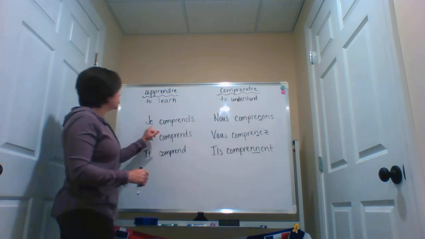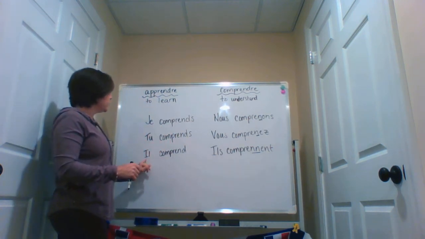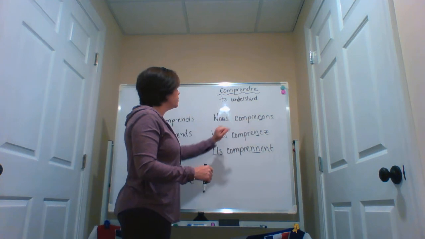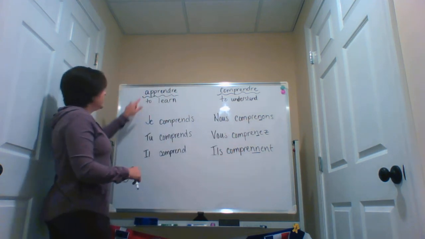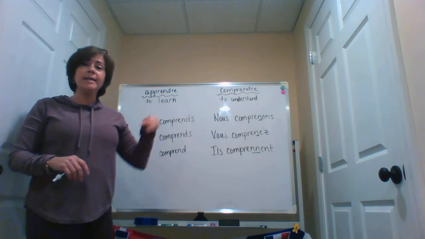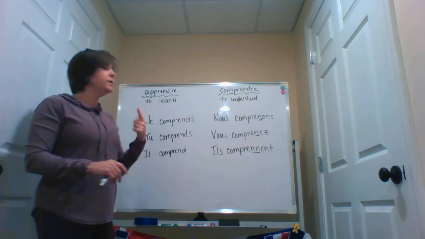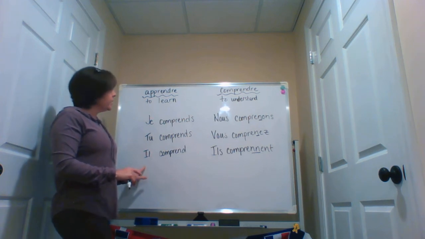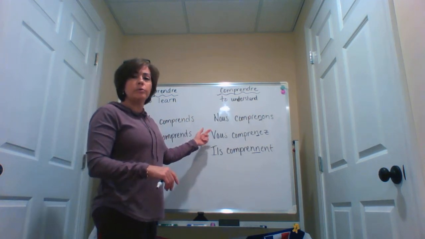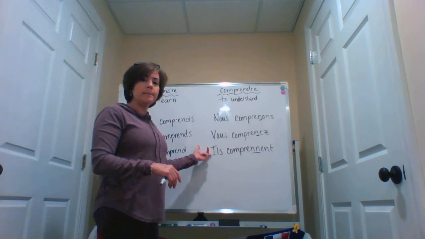Comprendre. Je comprends, tu comprends, il comprend, nous comprenons, vous comprenez, ils comprennent. Apprendre, it's not here, but you can listen to it and repeat it again. J'apprends, tu apprends, il apprend, nous apprenons, vous apprenez, ils apprennent.